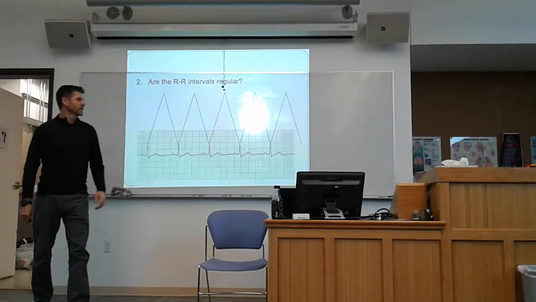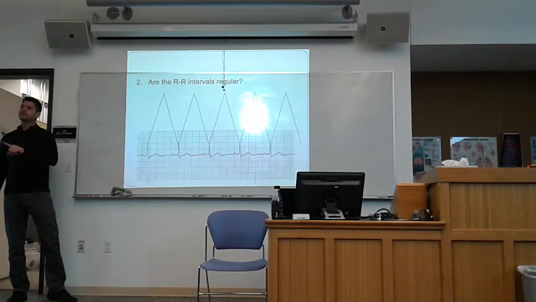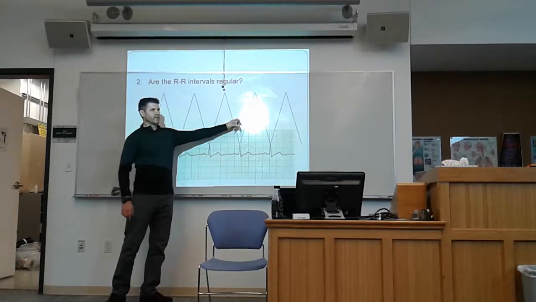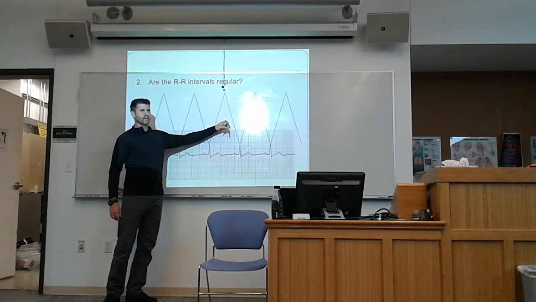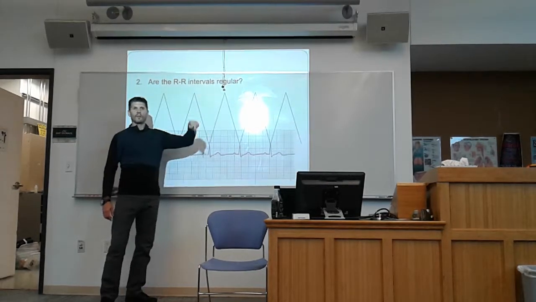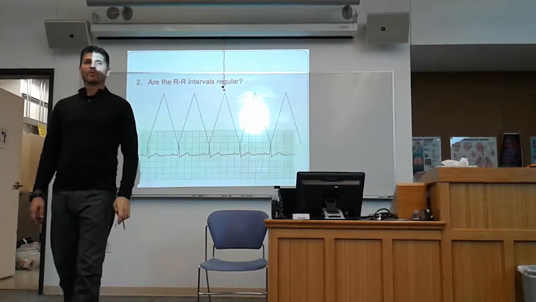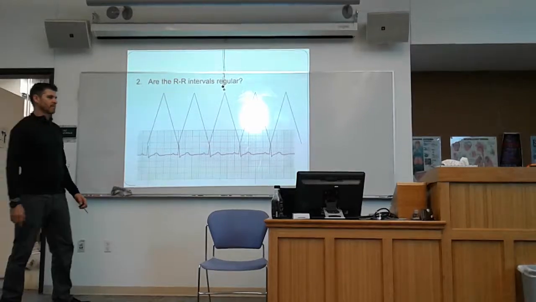And it doesn't take long to do that. Good? If I can do that, and all my P to Ps match all the way through, and all my R to Rs match all the way through, and my P to Ps match my R to Rs, then we have a regular rhythm. We've just defined a regular rhythm.